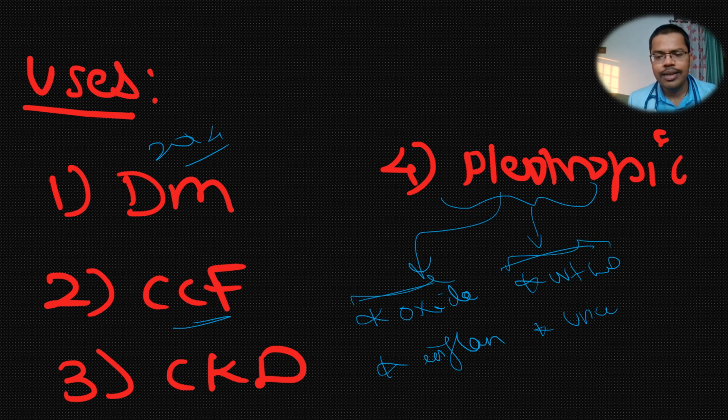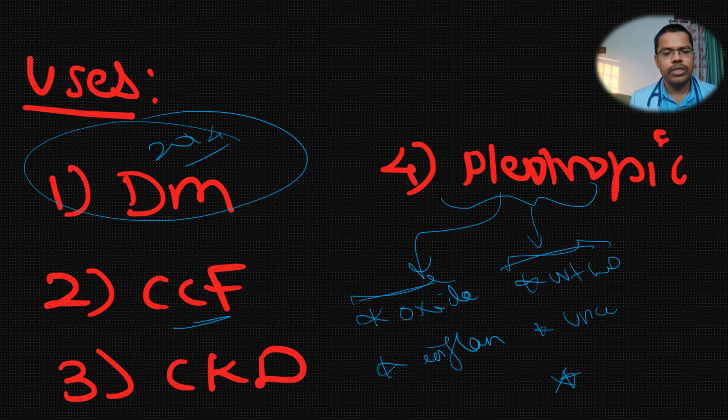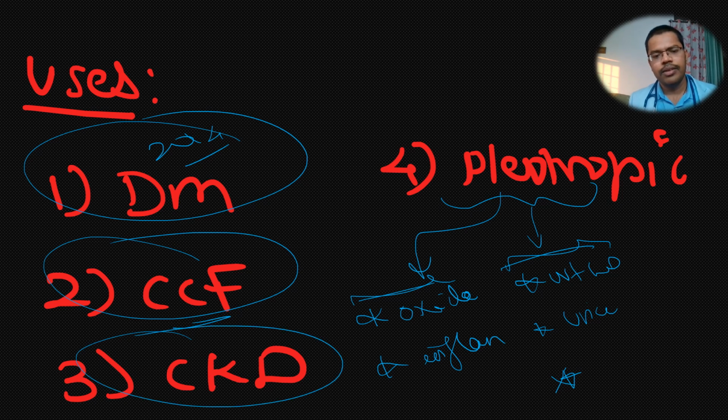It has some vascular benefit by reducing the overall oxidative and inflammatory stress, so overall vascular function is better. These are the common uses: in diabetes, in CCF, in CKD. It has other pleiotropic effects, but we don't use it clinically for those; we use it for three conditions.